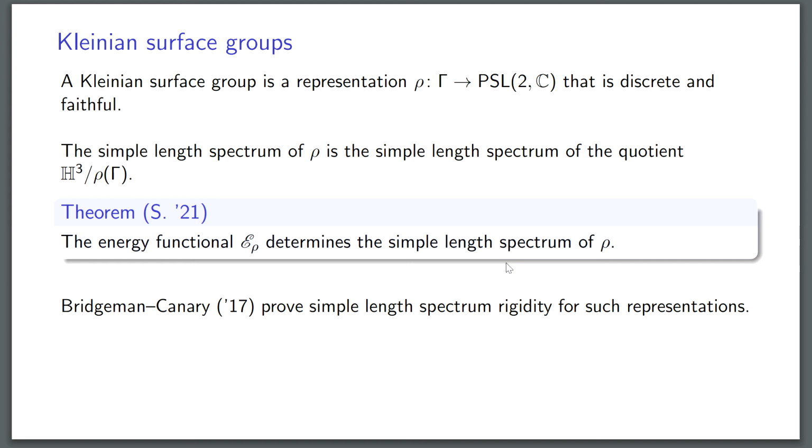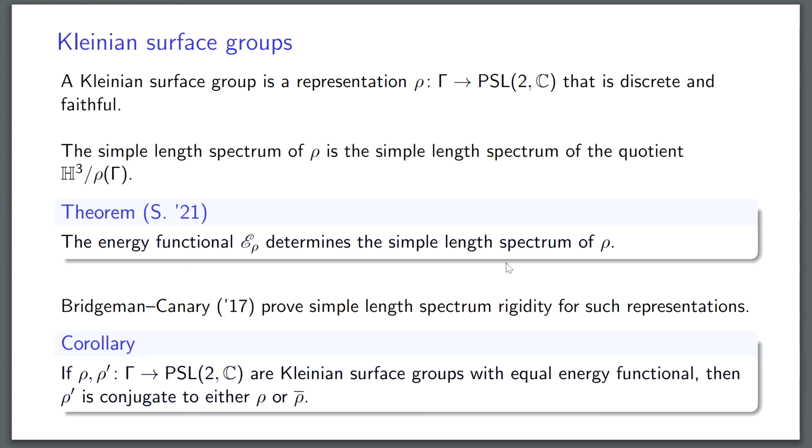Simply combining these two statements gives us the following corollary. If you have two Kleinian surface groups, rho and rho prime, and they have the same energy functional, then either they are conjugate or one is conjugate to the complex conjugation of the other.